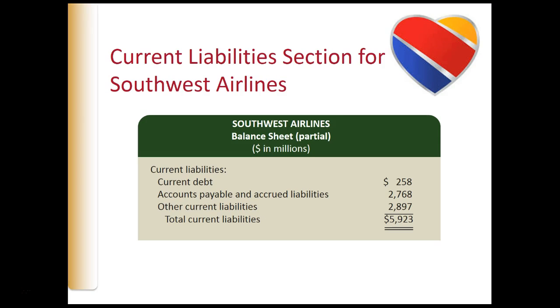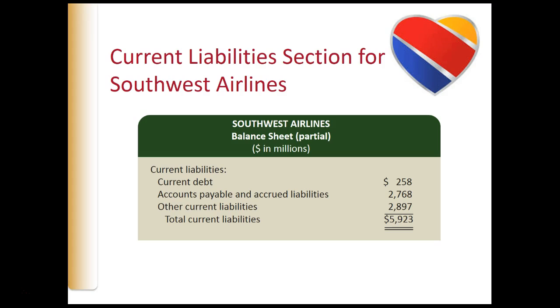What obligations do firms most frequently report as current liabilities? Well, notes payable, accounts payable, and payroll liabilities are the three main categories. In addition, companies report a variety of other current liabilities, including deferred revenue, sales tax payable, and the current portion of long-term debt.